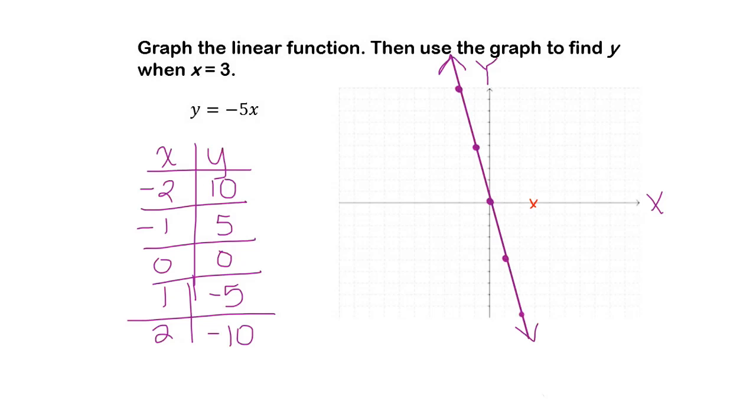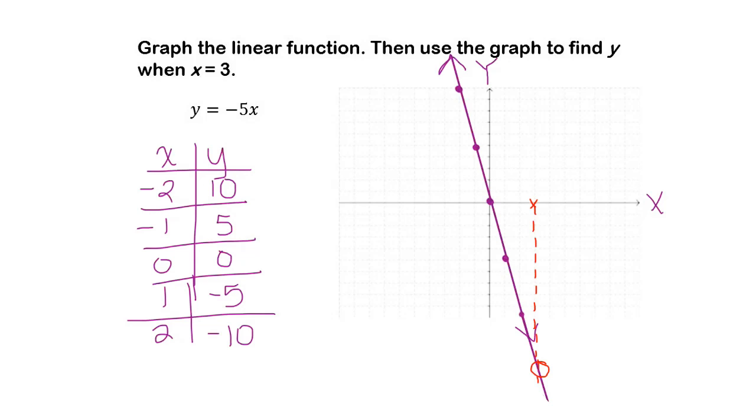So now we have to look up from where x is 3 until it hits our line. And in this case, we didn't extend our line long enough, so let's extend this a little bit more. Now, if this line continues, it would hit somewhere here.